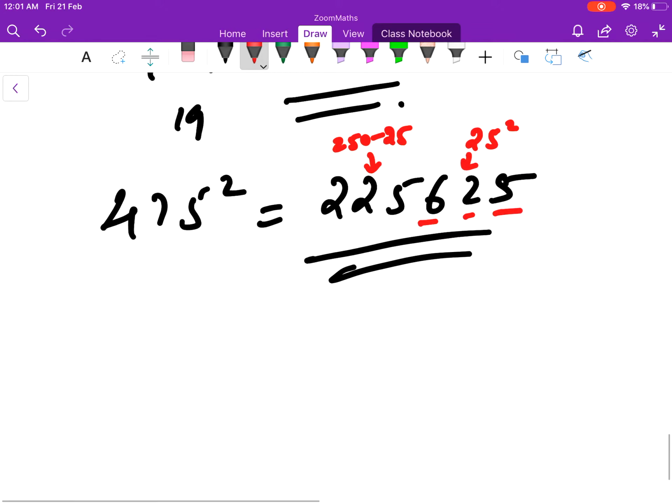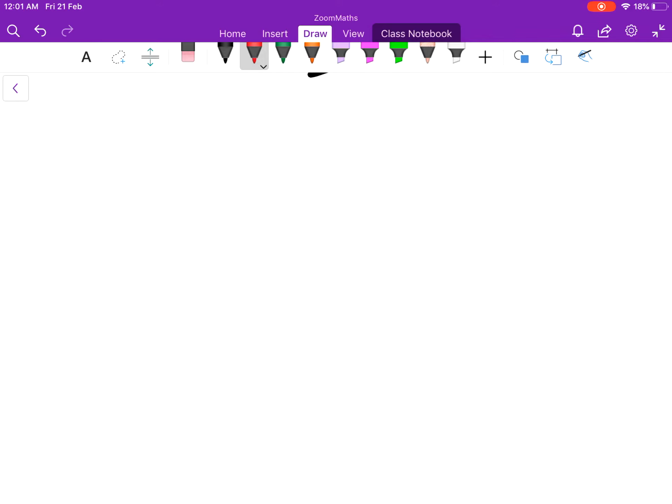Let's take one more problem. 496 square.